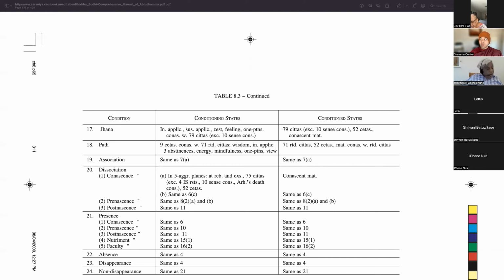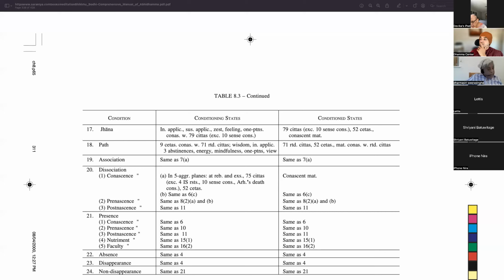I'm quoting it from the Visarjanavara, which says Kusalo Dhammo Kusalasa Dhammasa Sampayukta Pachena Pachayo.